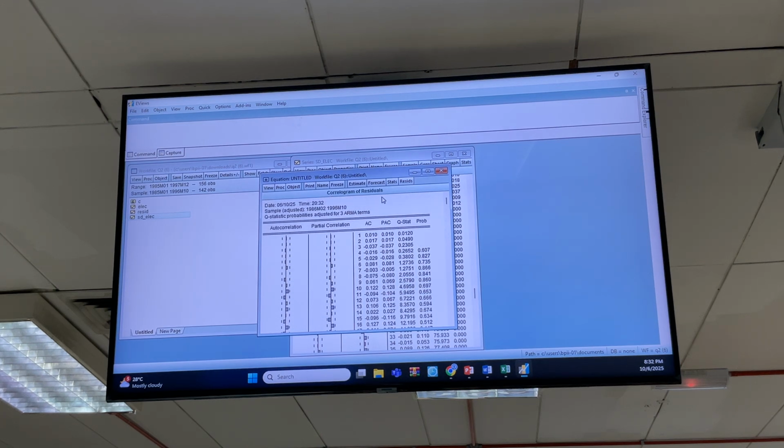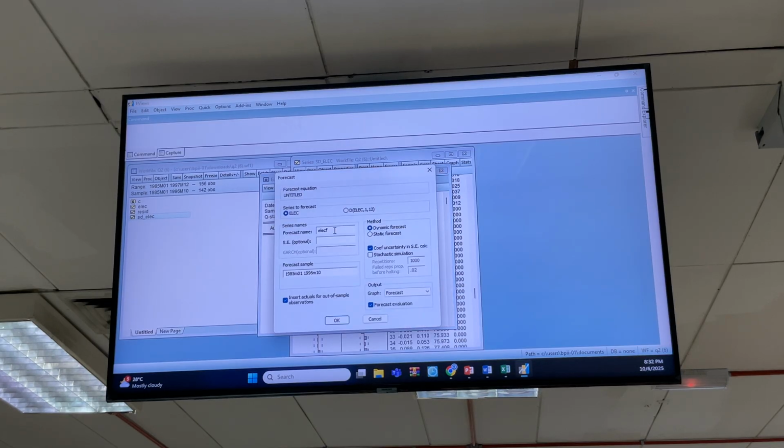So to produce the forecast, you go to forecast. The name of the forecast series is SE. This one we estimate using data until October, so now we want to forecast the next 4. So it is 1996 November, November is 11, and then 1997 February, 02.